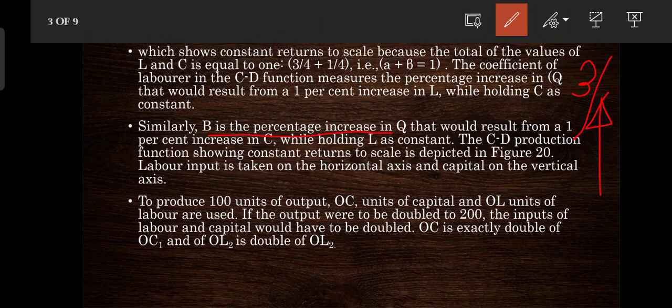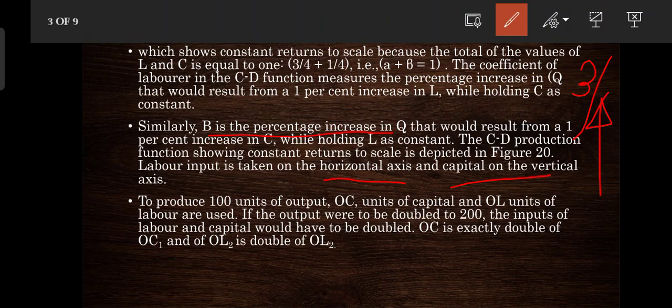Okay, then the Cobb Douglas production function showing constant returns to scale is depicted in the figure. Labor input is taken on the horizontal axis and capital on the vertical axis. So we can see that in the next figure there will be a representation of this constant returns to scale, in which the graph shows labor input on the horizontal axis and capital on the vertical axis.